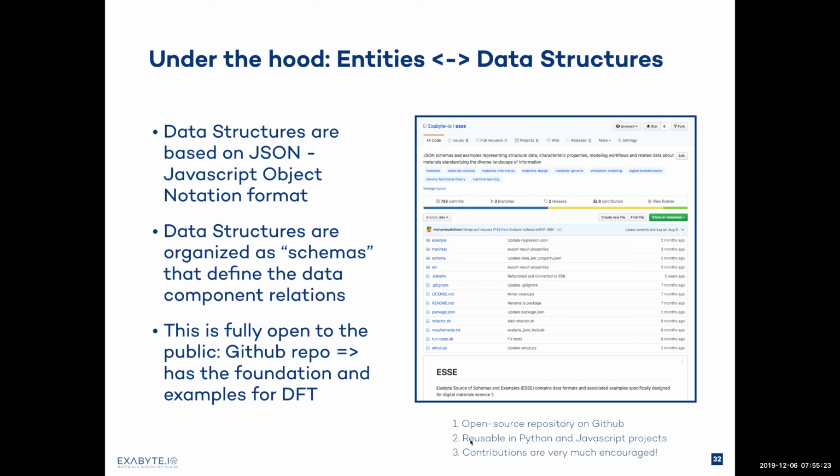This repository represents a Python and JavaScript package at the same time. So it's an NPM package, it's a PIP package, so it can be reused in JavaScript and Python projects easily. And we welcome other people's contributions and help in extending the set of standards.